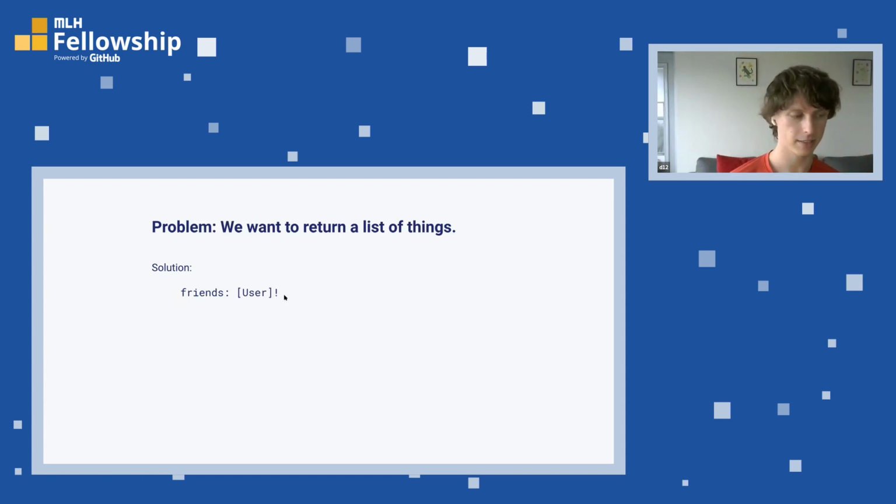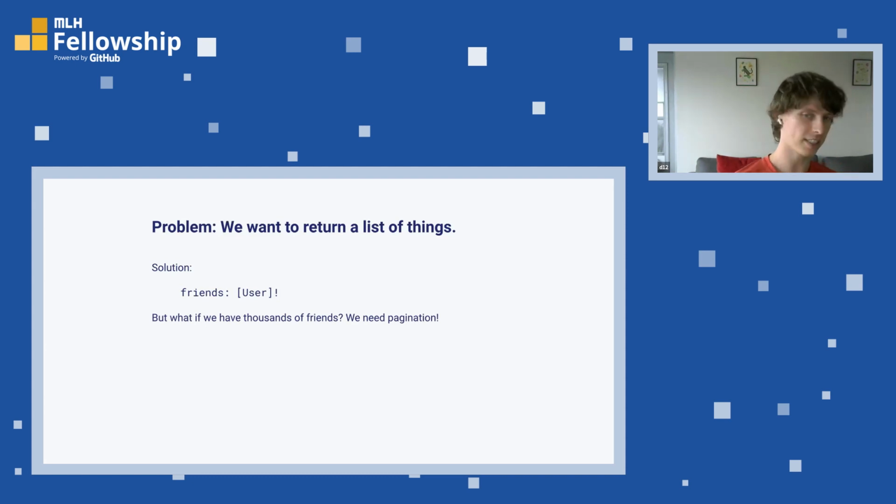I would have my list of friends. It would be way more simple than what we're looking at right now in the GitHub API. But what if I have thousands of friends? I don't have thousands of friends, but maybe some people do. We need pagination to make this work. So what about something like this?